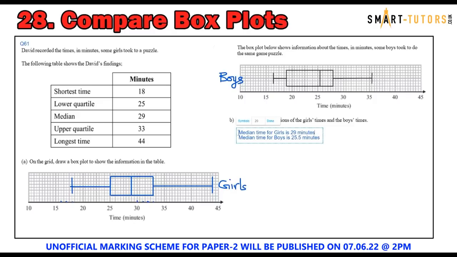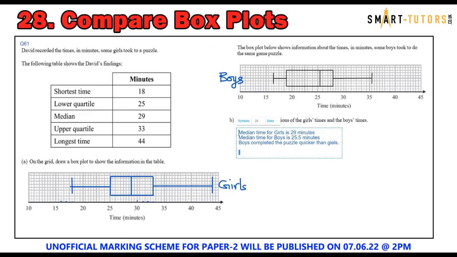Right, so that means boys completed the puzzle quicker than girls, right? So that is the one comparison.